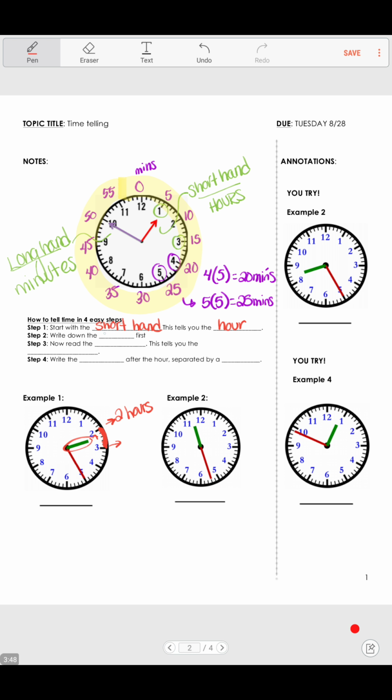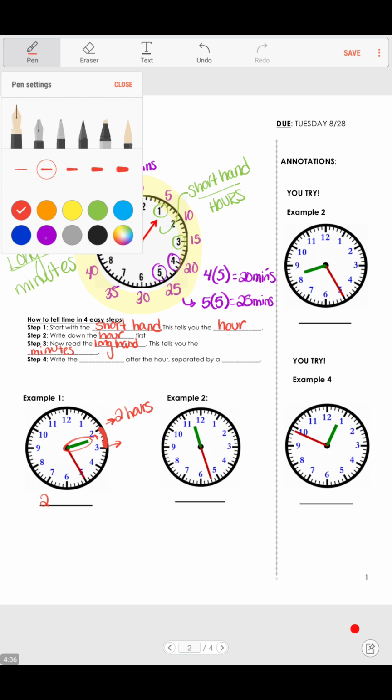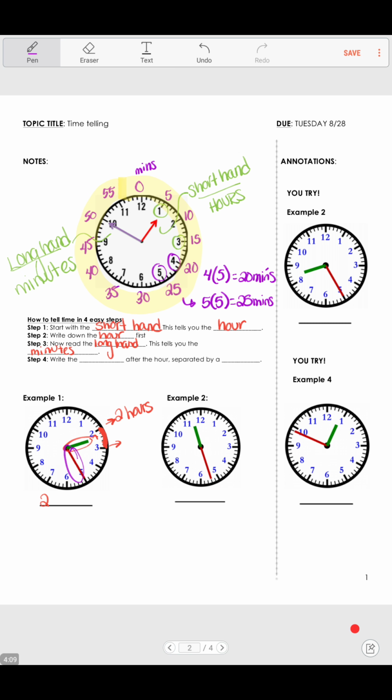And we're going to write down the hour first. So 2. Now we read the longhand. This tells us the minutes. Okay, so let's find our longhand. That's this guy. And it's next to the 5, which if we look up here, the 5 was 25 minutes.